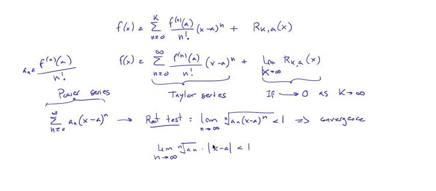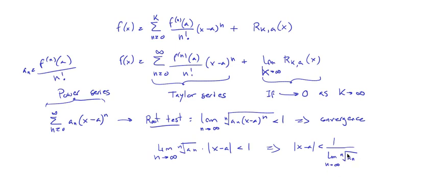Or in other words, you see that this will depend on the distance between our point x and a, right? Or in other words, the distance between x and the point where I'm approximating the function has to be smaller than 1 divided by the limit when n goes to infinity of the nth root of a sub n. Okay.